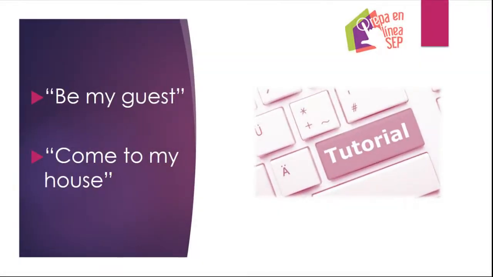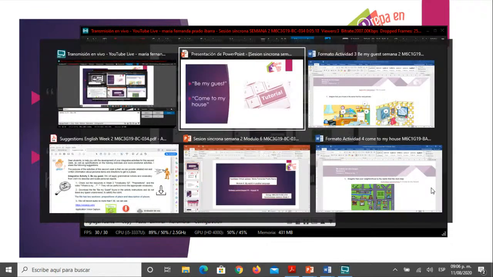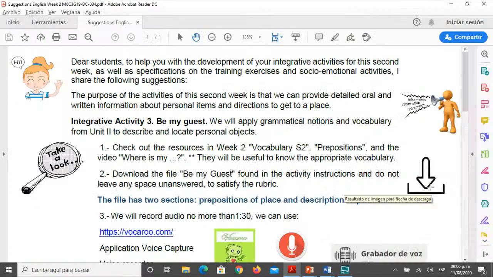So we're going to check out specifically the forms of the integrative activities, Be My Guest and Come to My House. First, let's go to our suggestions that are located in the news forum.